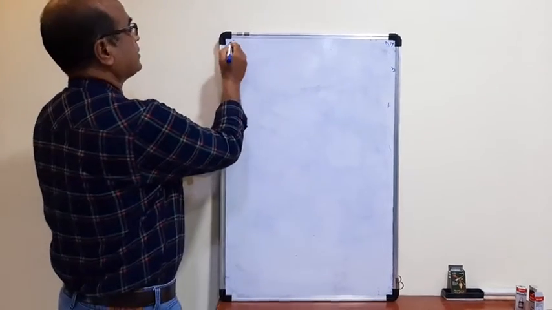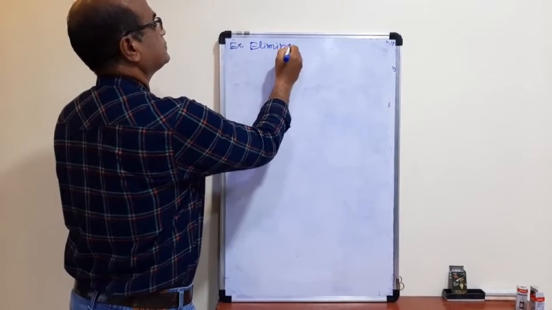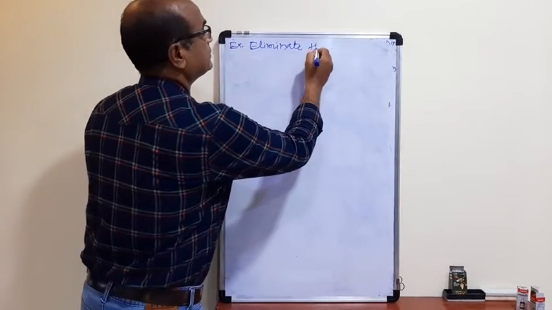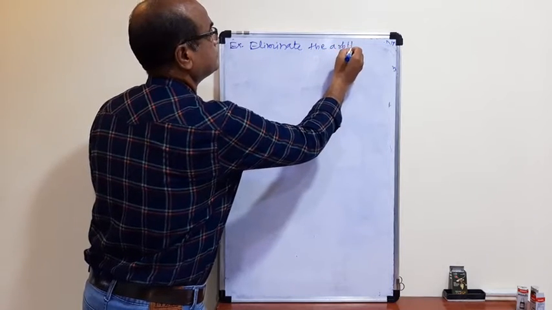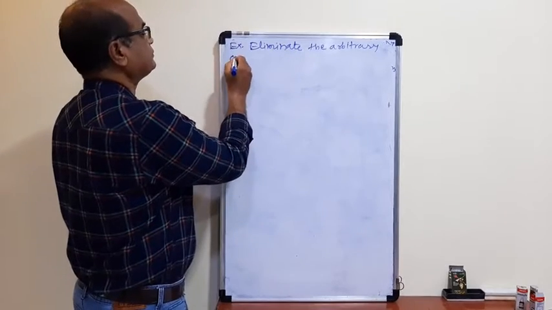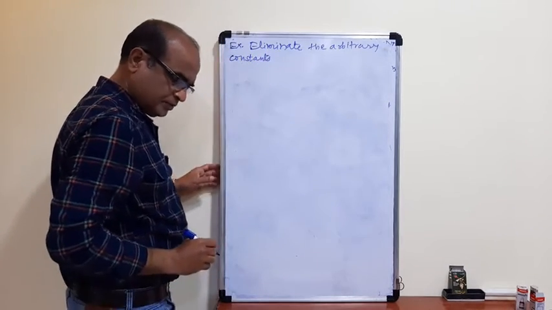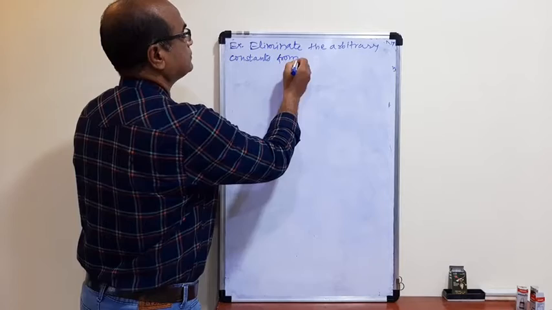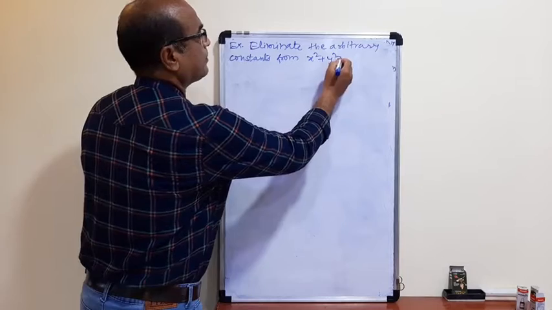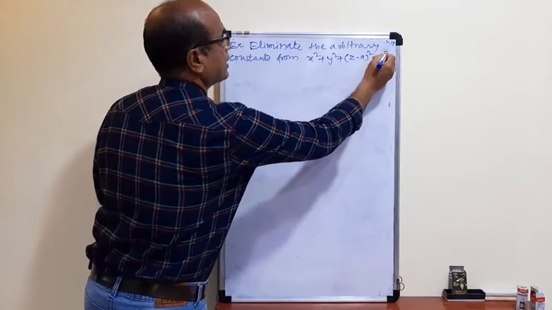Example: eliminate the arbitrary constants from x square plus y square plus (z minus a) square is equal to b square.